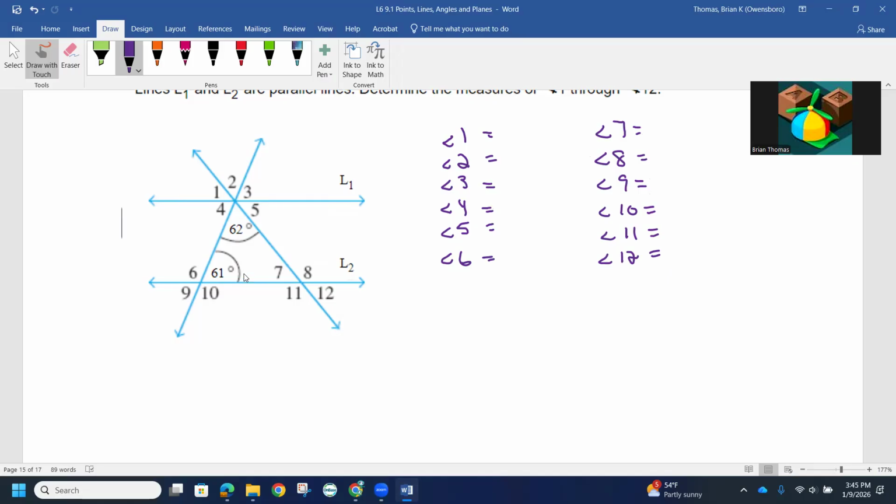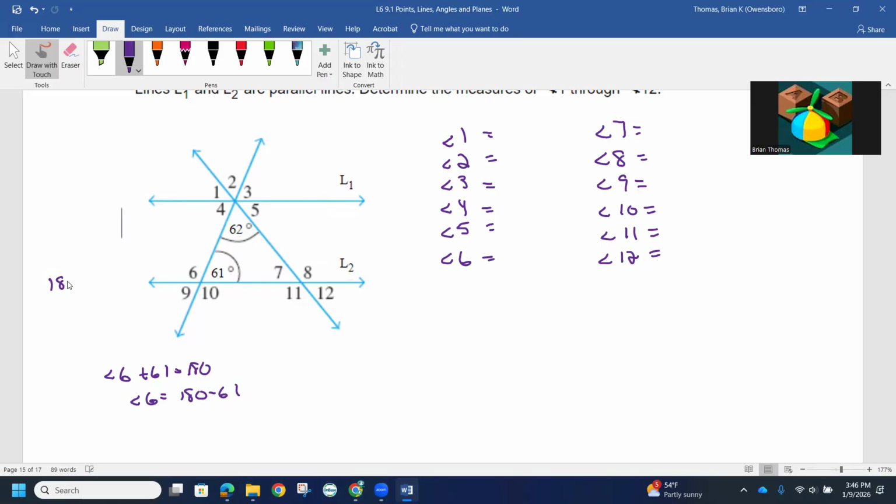So to me, what jumps out at me is the 61 and the 6 are supplementary. So I'm just going to write angle 6 plus 61 has to equal 180 degrees. So if I subtract 61 on both sides, that's going to allow me to find angle 6. So angle 6 is going to be 180 minus 61.